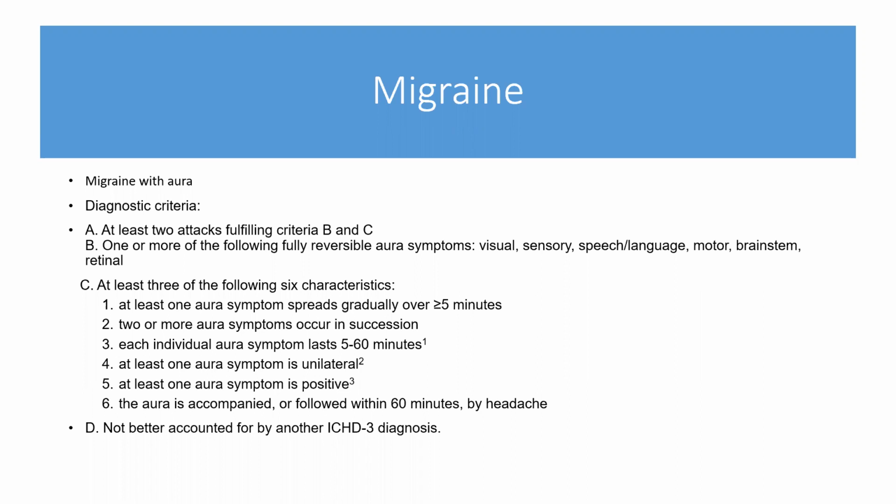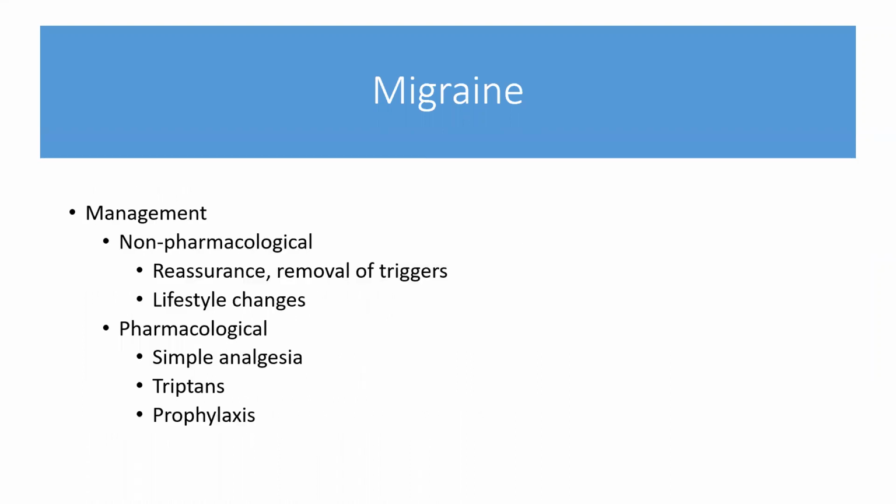But they don't last more than 1 hour. They can occur before or immediately after the onset of the headache, and they shouldn't last more than 1 hour. Persistent visual abnormality is a red flag symptom, so you need to look into that in the headache.